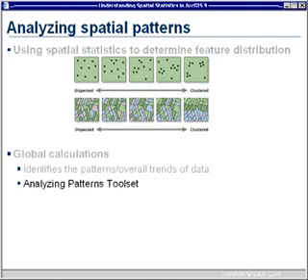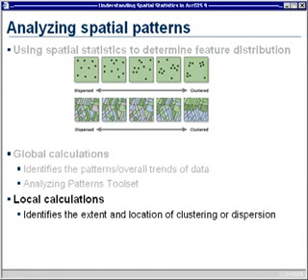Global type statistics are found in the Analyzing Patterns toolset. They work by comparing your feature locations and/or attributes to a theoretical random distribution in order to determine if you have statistically significant clustering or dispersion. The other type of statistic we have for analyzing patterns are categorized as local calculations.